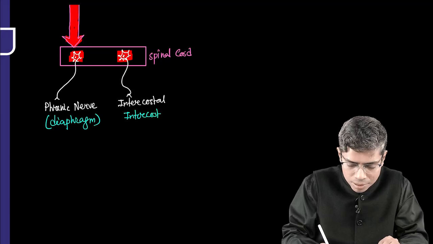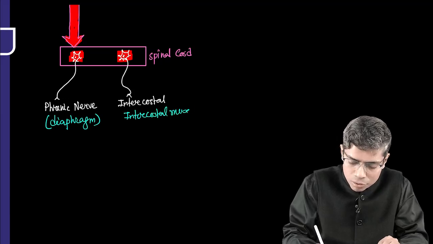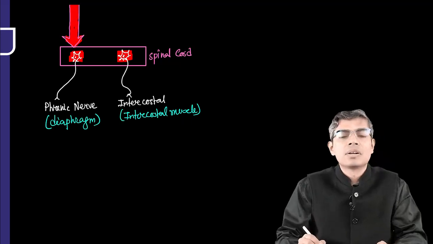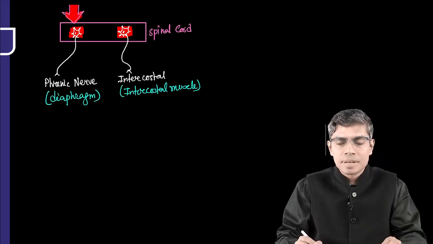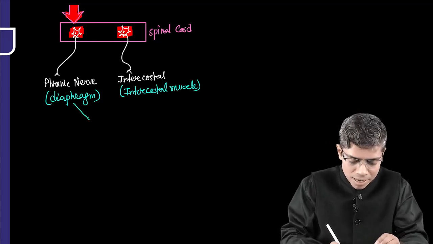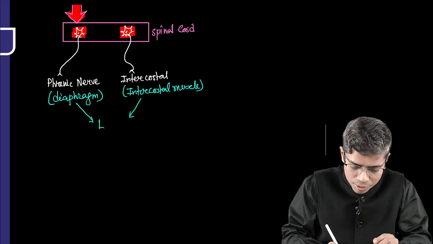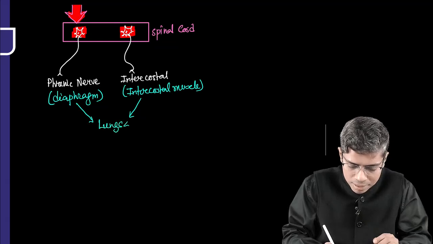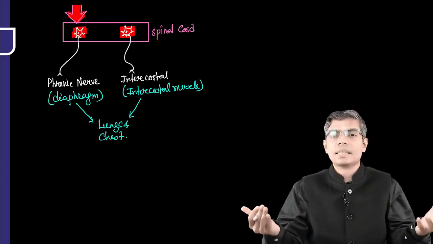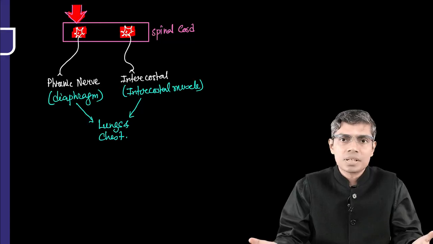And we all know that whenever your diaphragm and intercostal muscles are contracted, there will be expansion of the lungs and chest wall. So the lungs and chest wall will ultimately expand, and that is nothing but our inspiration, right?